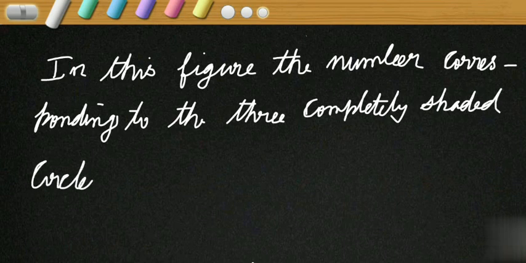We have shaded the circles completely, isn't it? Shaded circles is 3. Okay.